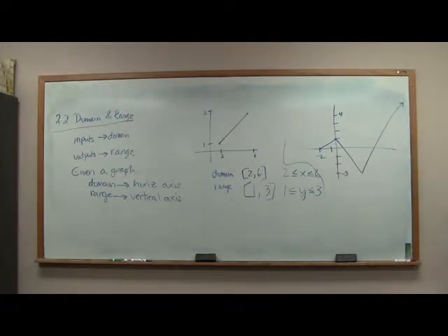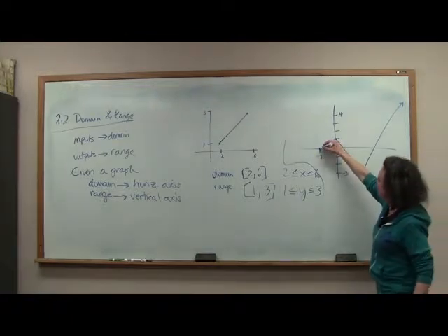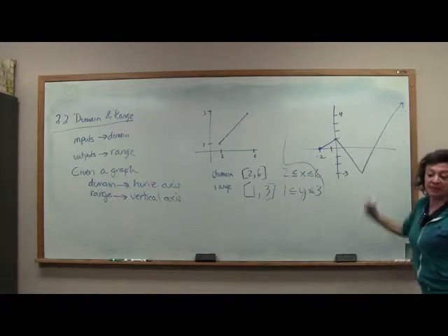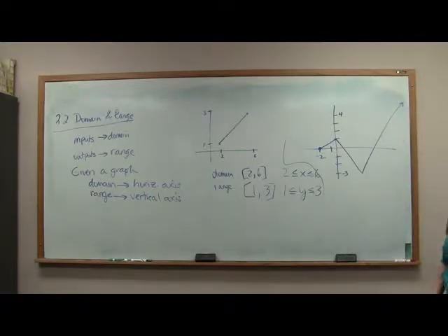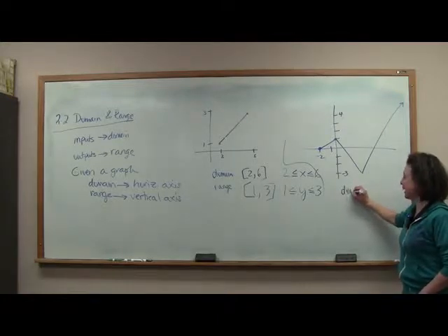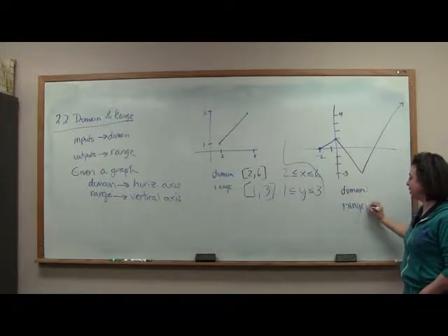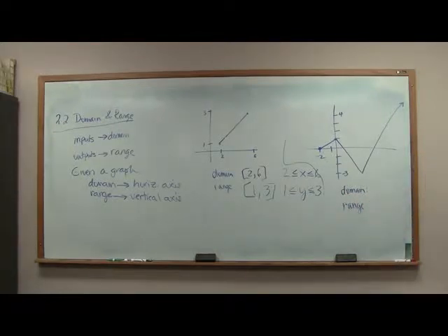Doesn't this one look fun? Notice this is an endpoint on my graph. It stops here, but you see there's the arrow there saying that we keep going. So given this graph, again, I could ask you the domain and I could also ask the range.